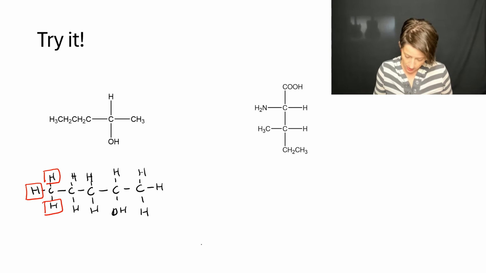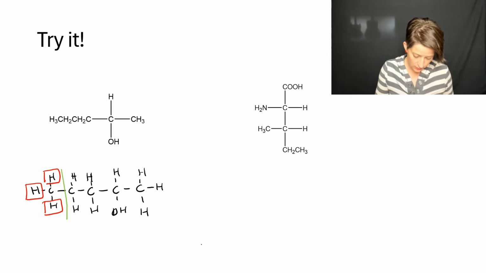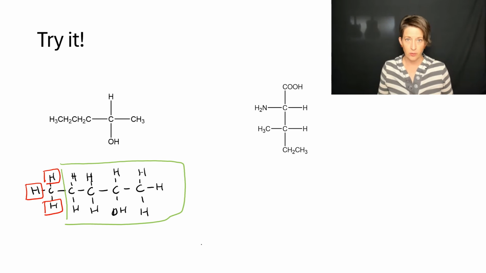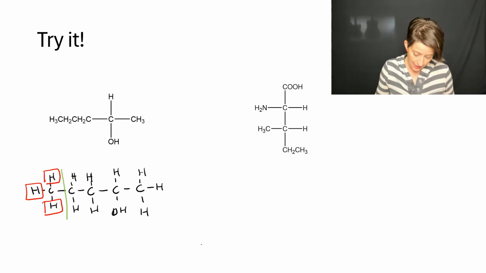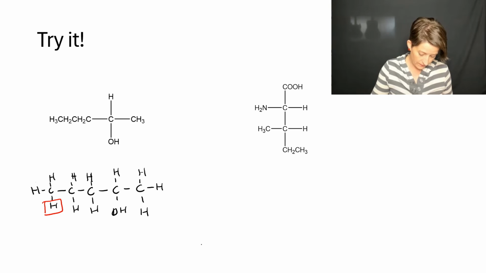So here I've got 3 hydrogen groups and 1 other group. I'm not going to name it because I don't want to. But it is different. But because it has 3 of the hydrogens, that is going to be an achiral carbon.